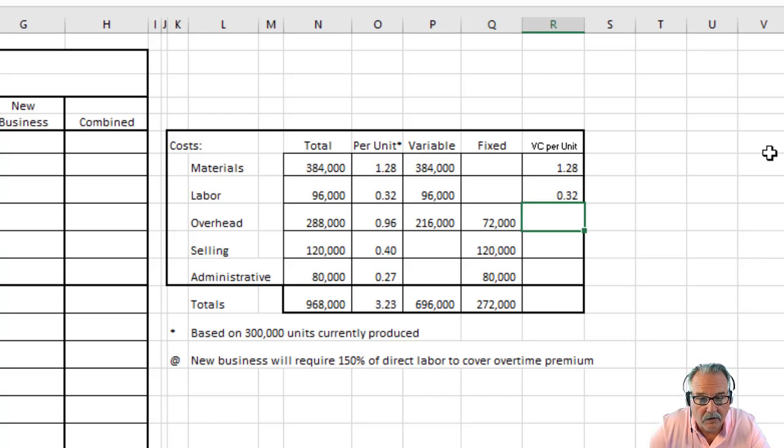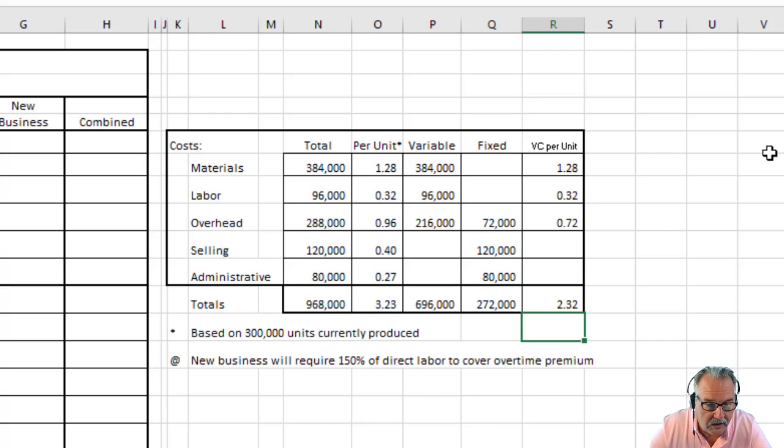But for variable overhead, I'm going to divide that by 300,000 units and get 72 cents. So our total variable cost per unit is $2.32. That's the relevant cost in accepting this new business.